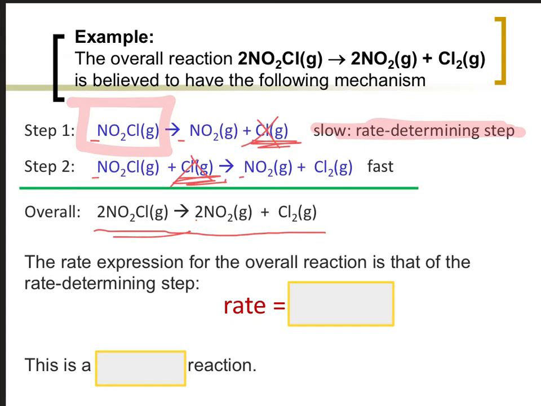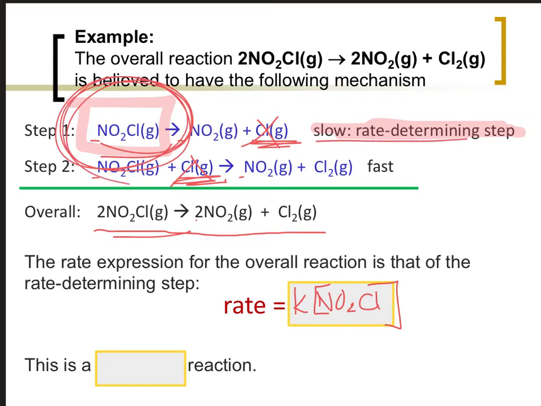So my reaction rate law will start with rate equals k, and then the concentration will be that of the reactants we just identified, which is the NO2Cl. And then since there's only one of them, and it's the first step, that's just a first order reaction, because the coefficient is the reaction order. And then since it's the only step, that makes it a first order reaction.